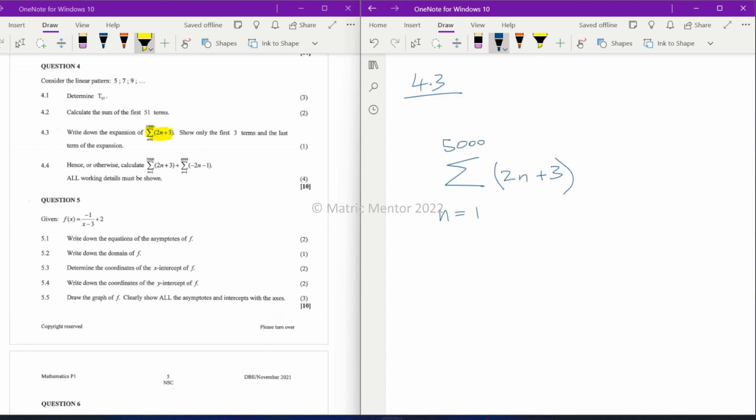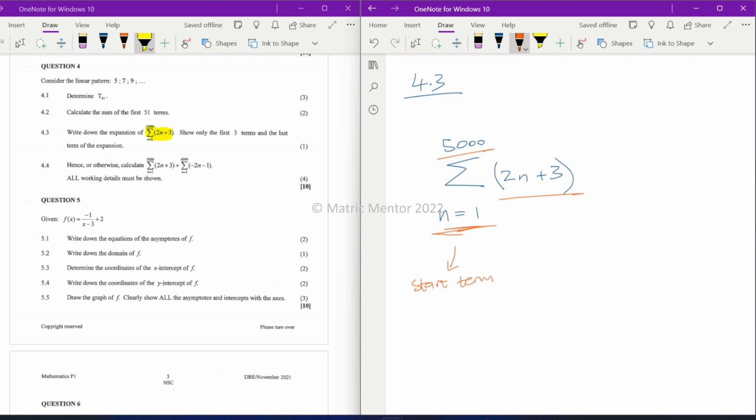So these are the terms that we are going to be adding up. From the first term, which is specified by the bottom number, up until the 5,000th term, which is specified by the top number. And the formula to give us each term is 2n plus 3. Okay, so this is our starting term, right?